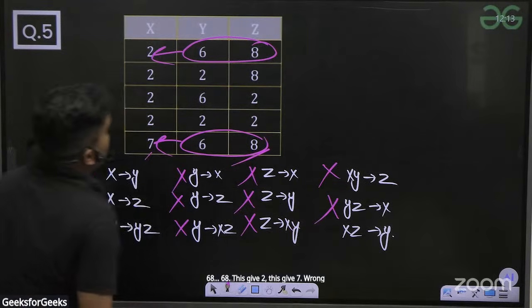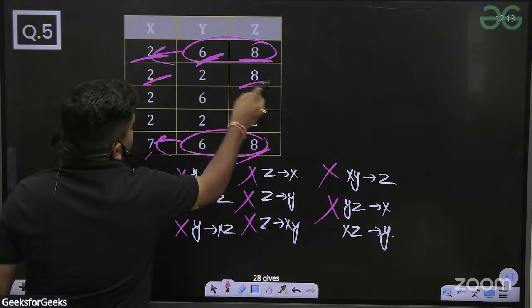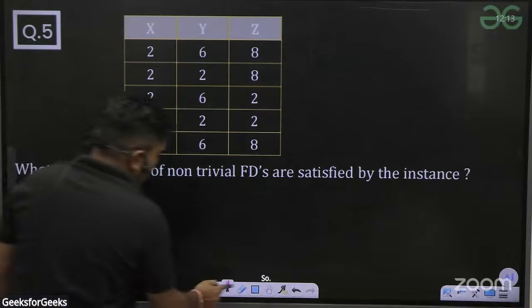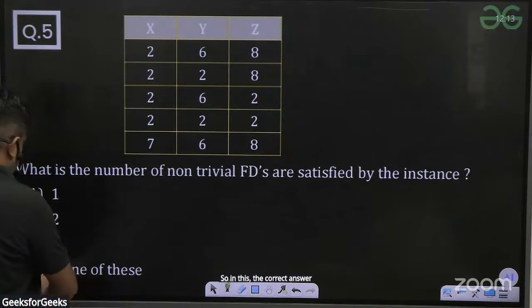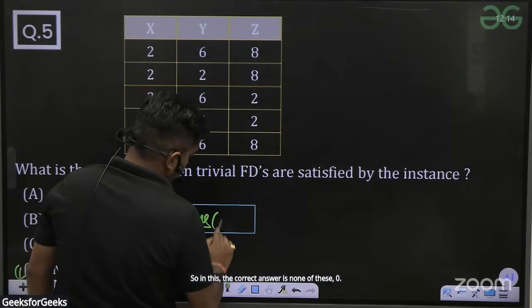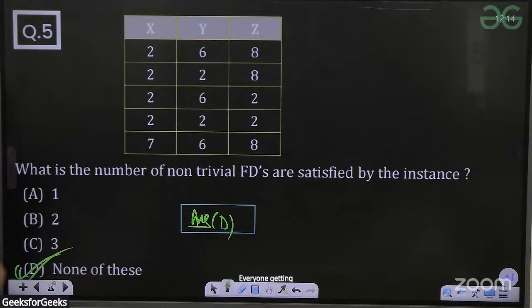Wrong. X, Z: 2, 8 gives 6, 2, 8 gives 2. Wrong. So in this, the correct answer is none of these, 0. Everyone getting? Any doubt? Can we move to the next one?